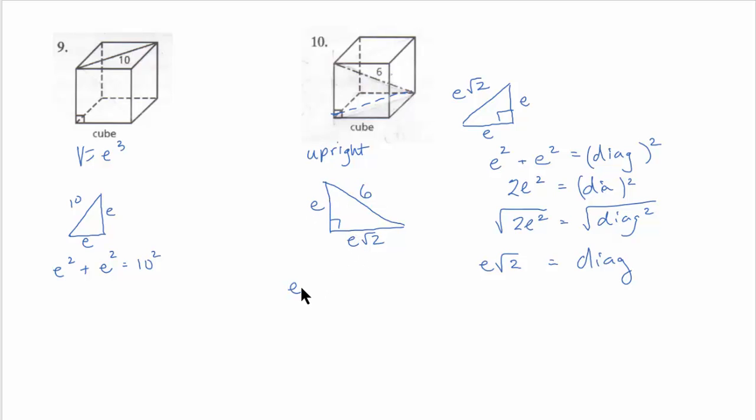So this edge squared plus this length equals 6 squared. You could go on from there and find the edge, and then you can find your volume. Okay? I don't want to give you the whole thing, but the whole thing is worked out in the long answers on InGrade.